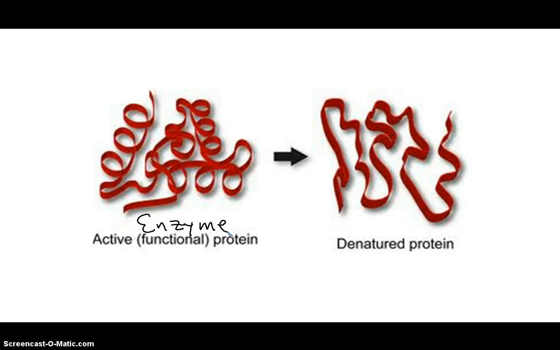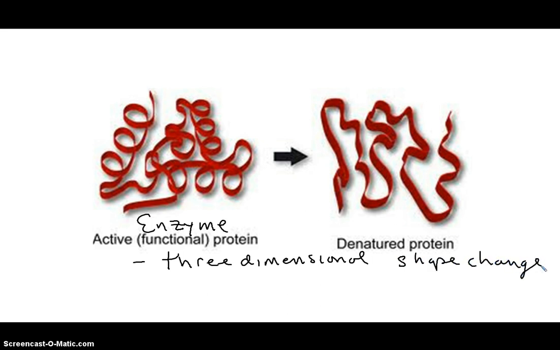Heat and pH are the two big ones that we're going to talk about. They produce a three-dimensional shape change, and the protein becomes inactive.